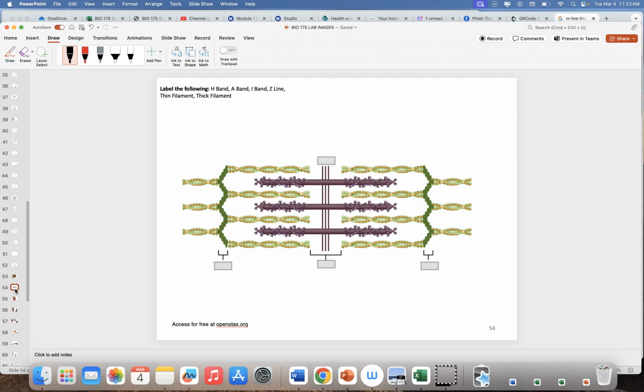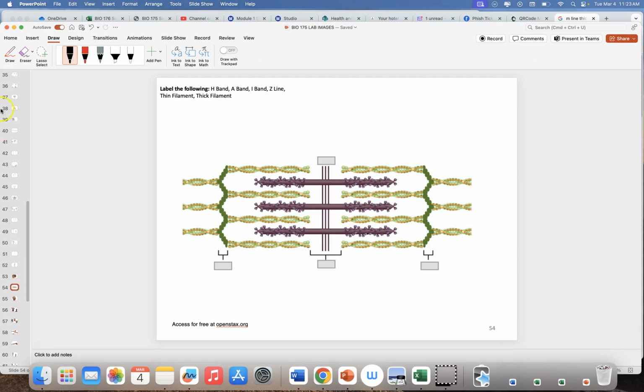Not only is this the functional unit of the skeletal muscle fiber, but this arrangement of proteins repeats, and that's what gives the muscle tissue a banded appearance. That's what is going to be the striations that we see when we look at skeletal muscle underneath the microscope.